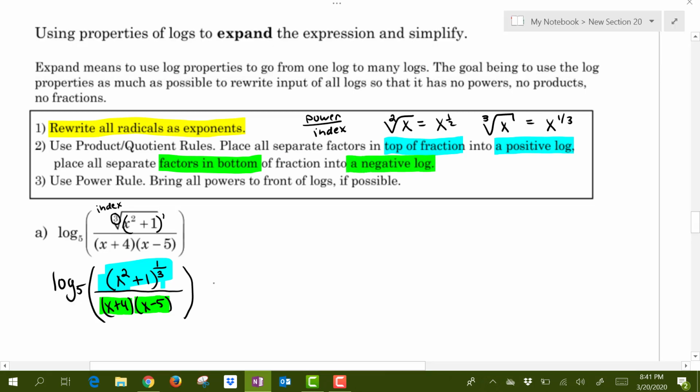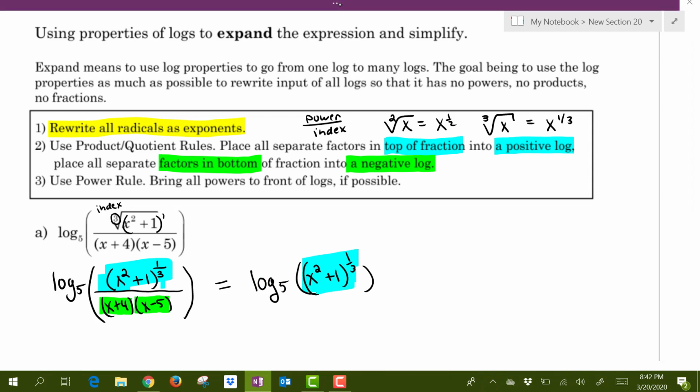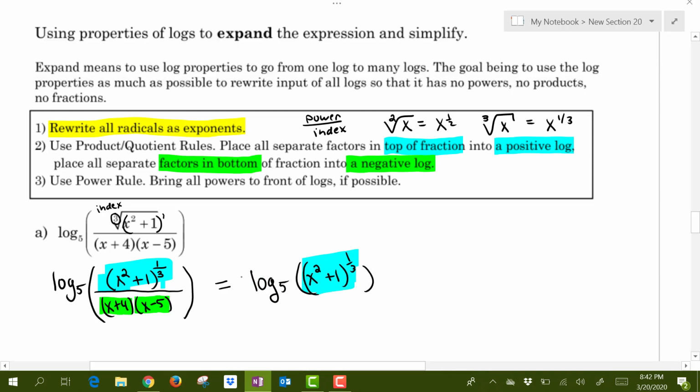So let's see what we mean here. We're going to say this is equal to, now when we stretch this out from one log to many, we're going to keep the same base. So it's still log base 5. And inside of that log, we're going to put x to the 1/2 power plus x, all of that raised to that 1/3 power. So that input is going to go into a positive log. When we say positive log, we mean that the number out front of that log is positive.